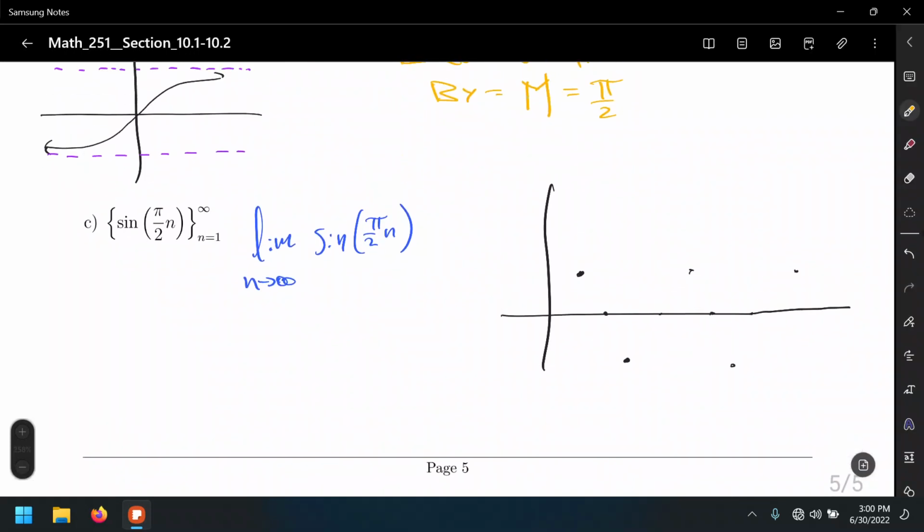It's simply bounded, and we specify that above by whatever value and below by whatever value. In this case, those values are big M equals 1 and little m equals -1. All right. Sounds good?